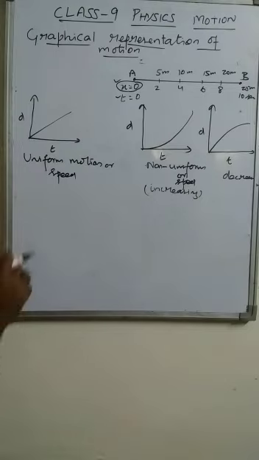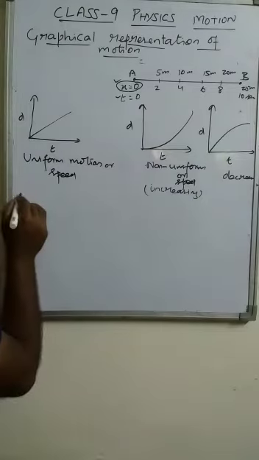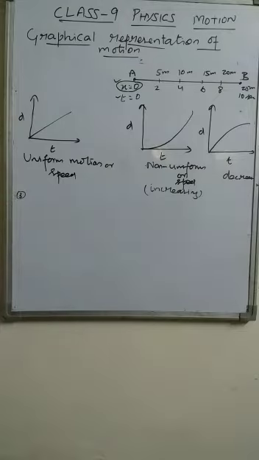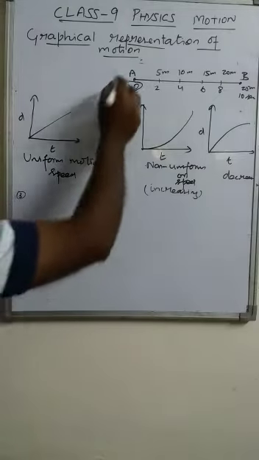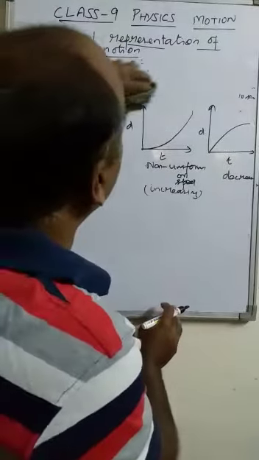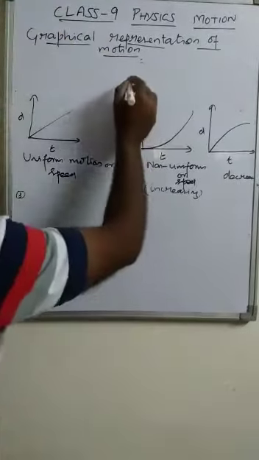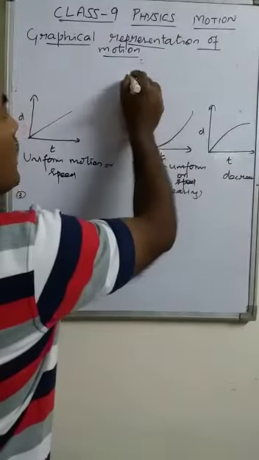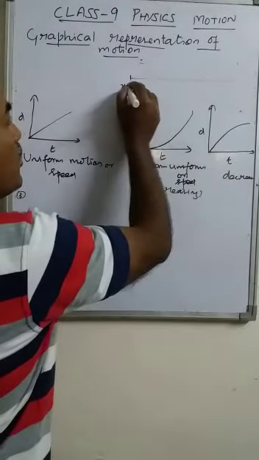Then coming to the third type of graph. Suppose once again we take the path along which the object is going to move.